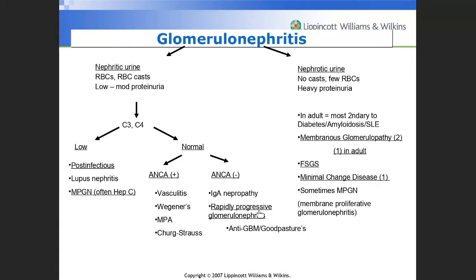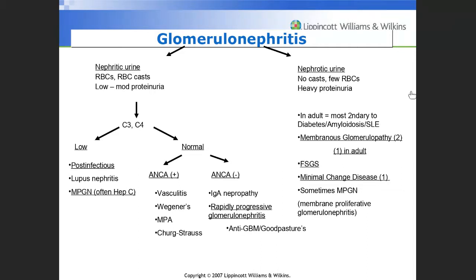Rapidly progressive glomerulonephritis could be related to lupus. It could be related to Goodpasture, but if it's related to Goodpasture, there is no anti-neutrophil cytoplasmic antigen, or ANCA is negative, and the C3 or C4 level is normal.